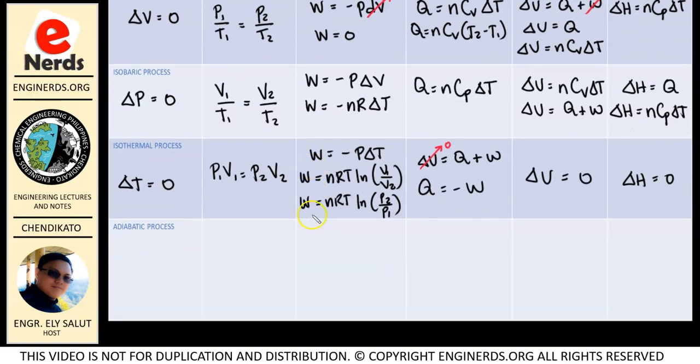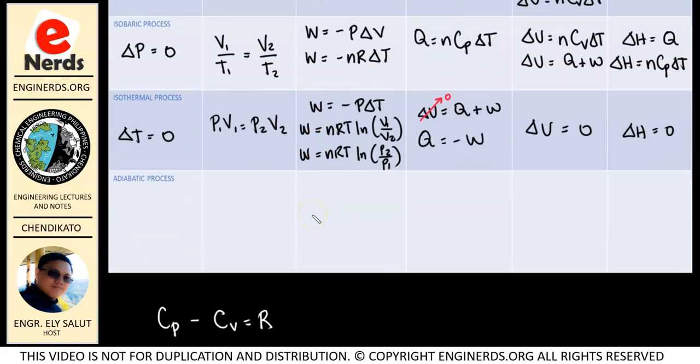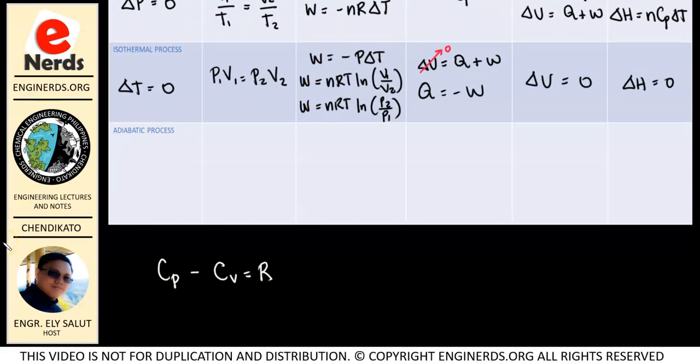Now, how about adiabatic process? So what do we mean by adiabatic process? In adiabatic process, there is no heat that enters and leaves the system. Okay, so let me write that para mas magkaroon tayo ng magandang definition.